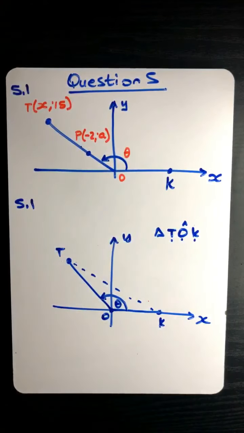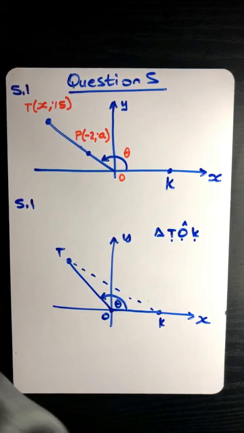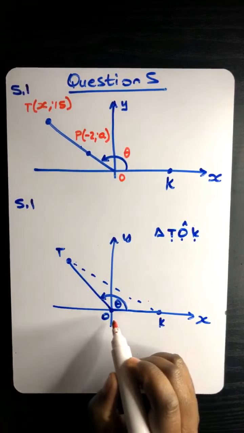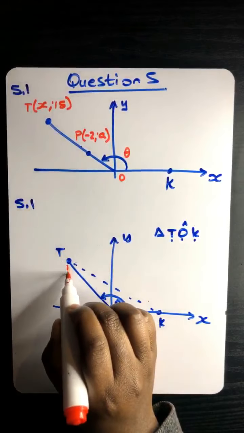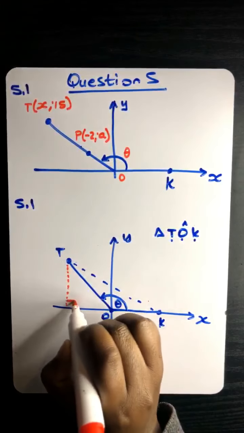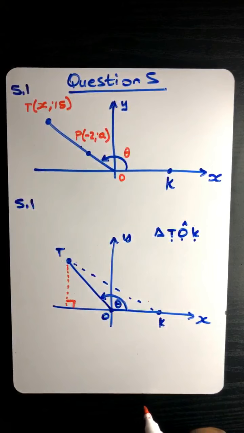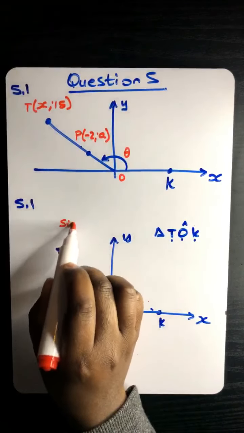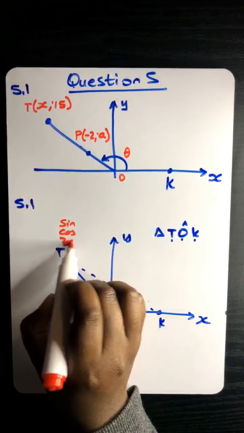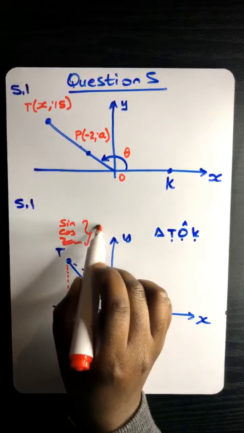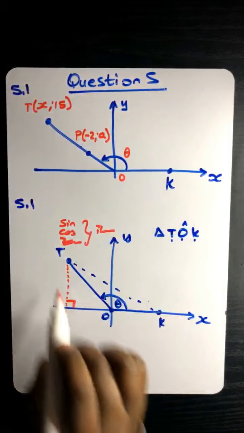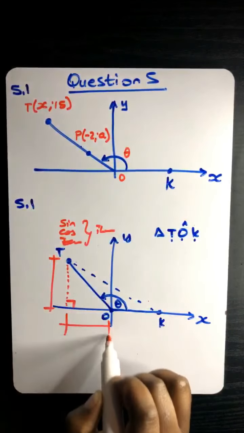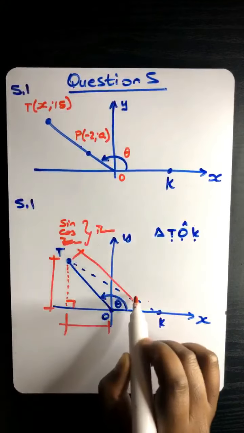But from our side, we know very well that because we notice that we have a right-angled triangle in the second quadrant, we can therefore make use of sine, cos, tan, and the theorem of Pythagoras to find all these sides, just in case we are not given those sides.